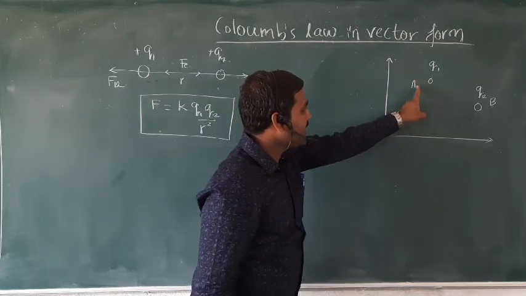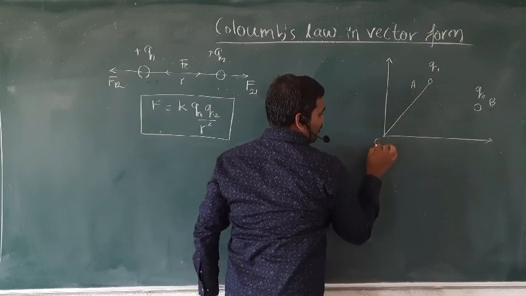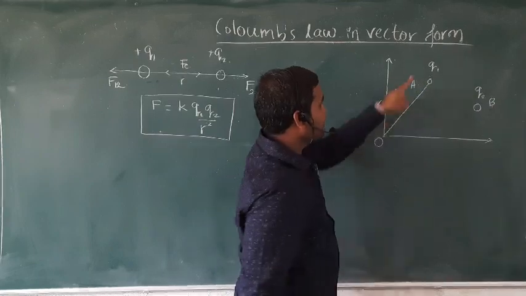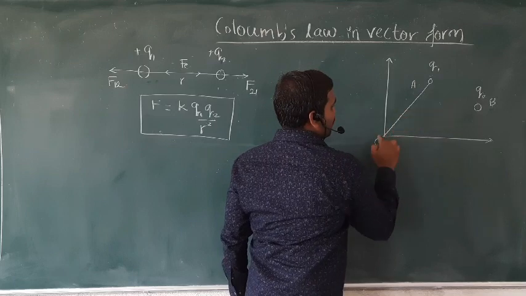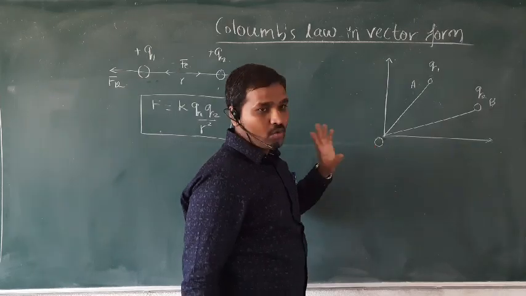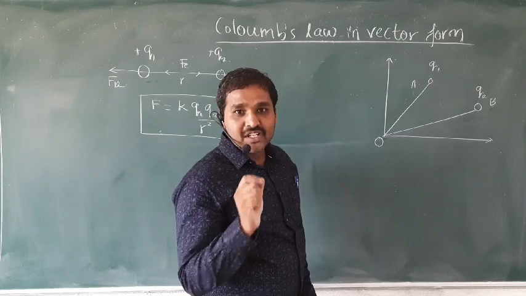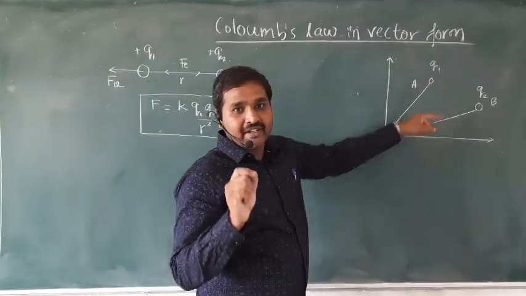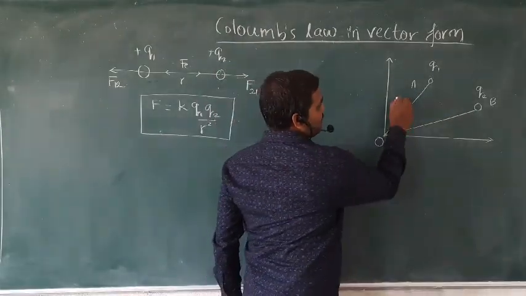Let A and B be at some distances from the origin. The distance from O to A, that is the distance of charge Q1 from the origin, I represent as OA, and OB is the distance of charge Q2 from the origin O. In first year, we studied the concept of position vector. Position vector represents the position of any coordinate point with respect to the origin.